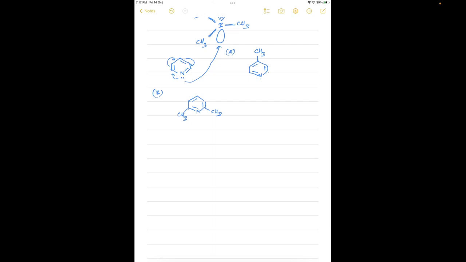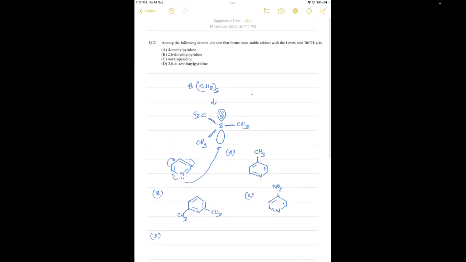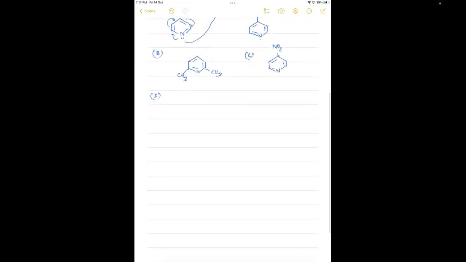So this is the 2,6-dimethylpyridine. Option C is 4-nitropyridine. And option D is 2,6-di-tertiary butylpyridine. That means tertiary butyl means this group.